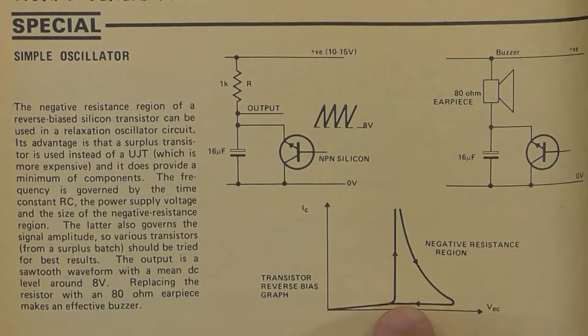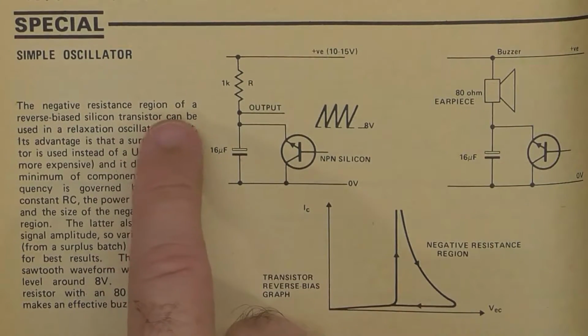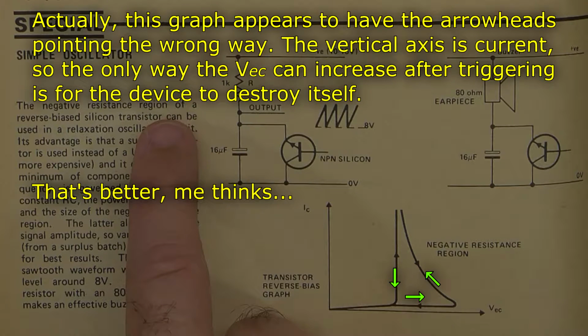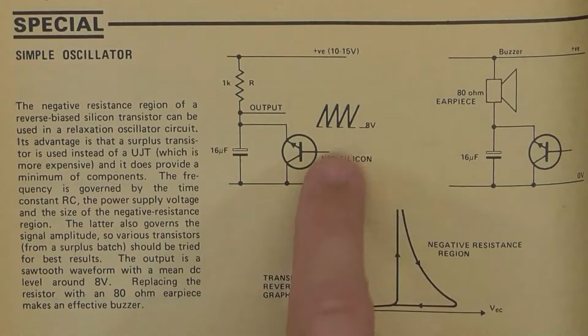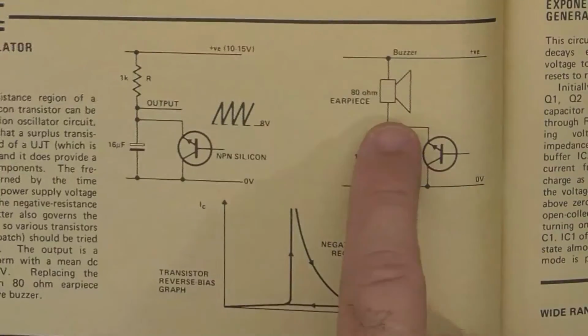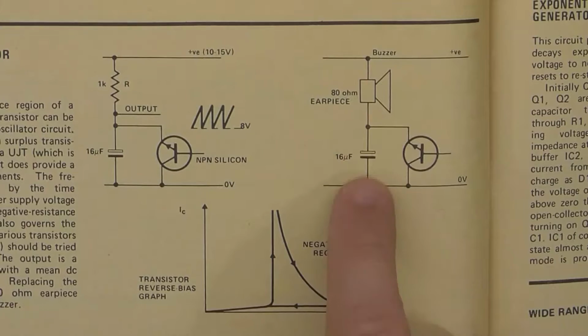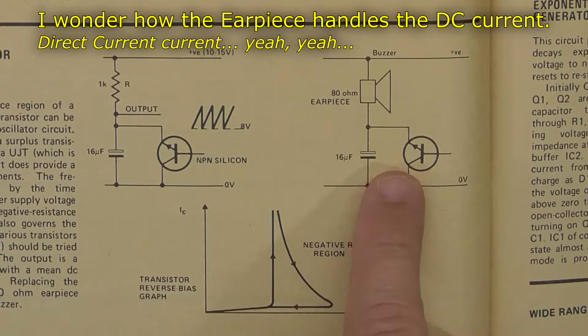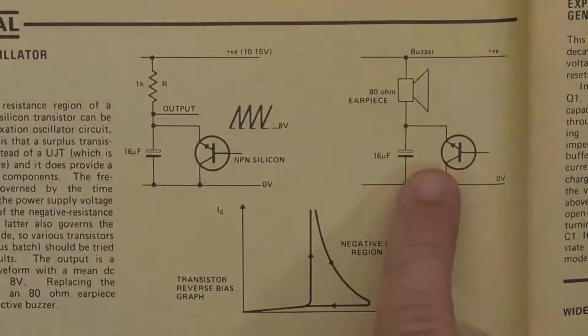They talk about a negative resistance region, and they show an example of what the waveform is going to be. As you can see in here, they've got the load in the emitter, so the load itself is supplying the charge current for the oscillation.